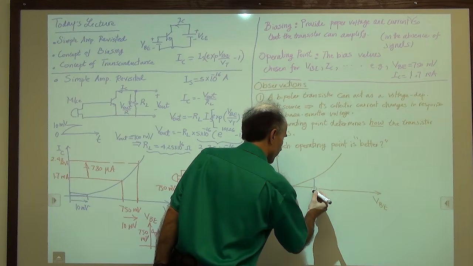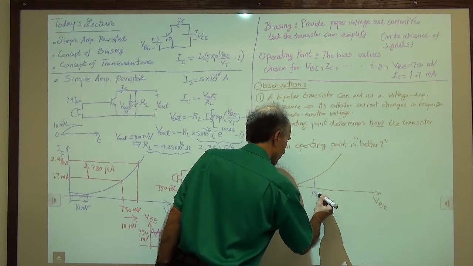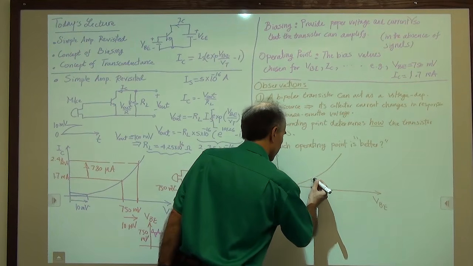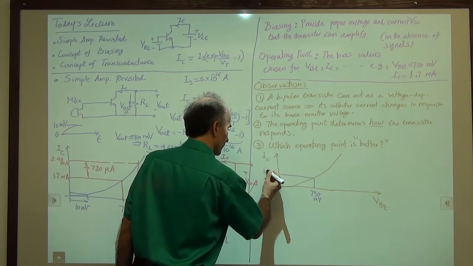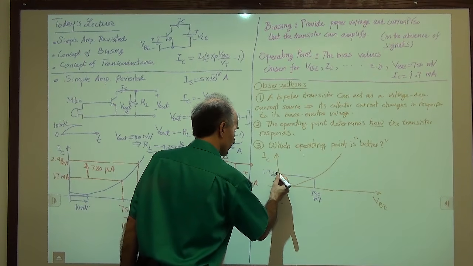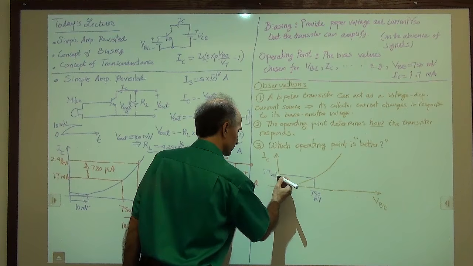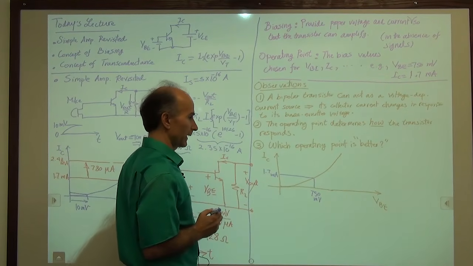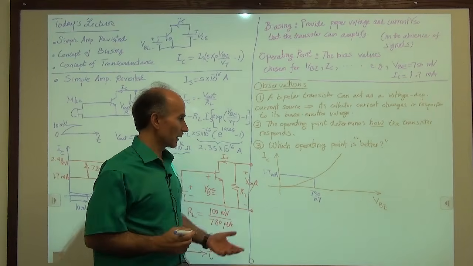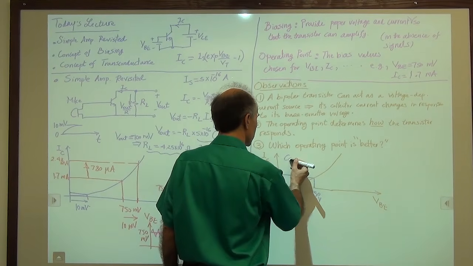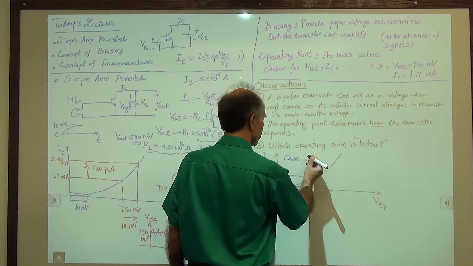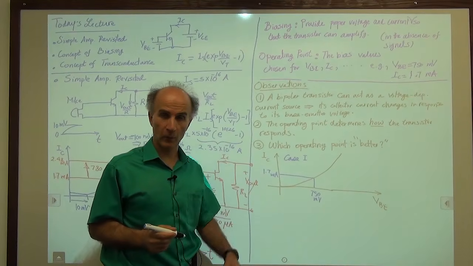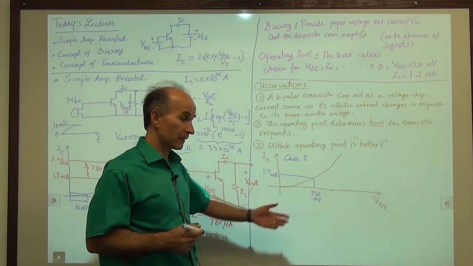So here's the first operating point, 750 millivolts and 1.7 milliamps. All right, so we will call this case 1, operating point number 1.